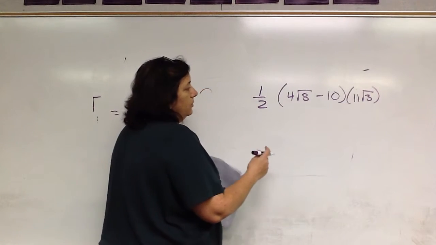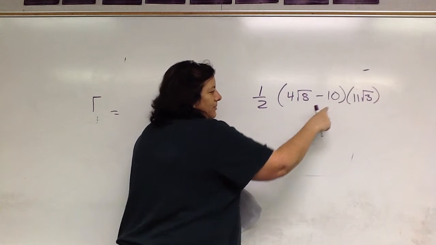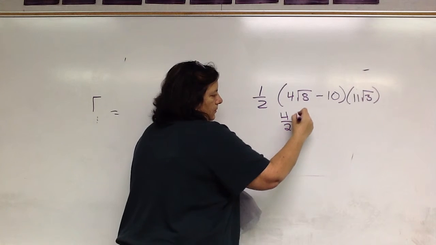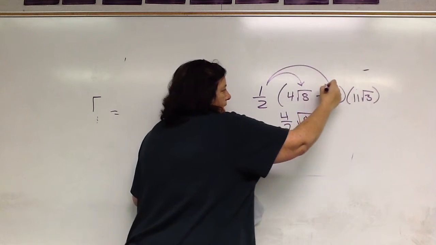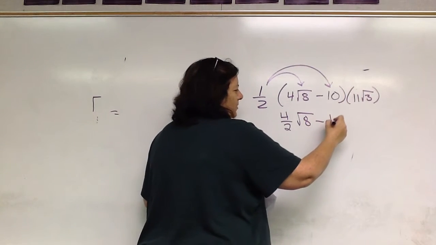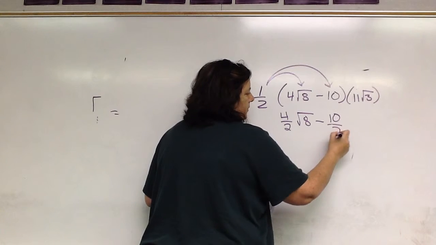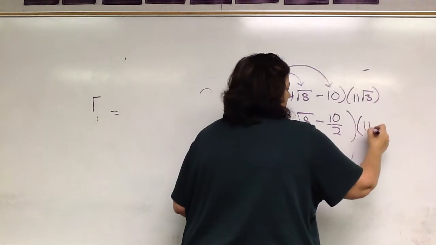So I'm going to go ahead and multiply my 1/2 times this one. You know why? Because these are even numbers. 4 times 1/2 is 4 over 2 root 8, so I'm distributing. 1/2 times negative 10, you might already know that that's negative 5, but I'll just go ahead and do that for you. 10 over 2. And then I still have my 11 root 3.